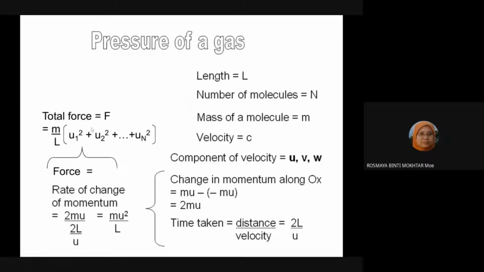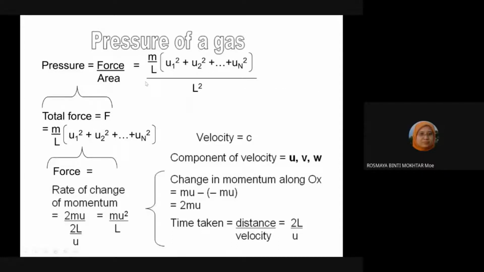Next, we relate with pressure. Pressure is force per area, so we substitute the total force here. The area is one surface of the cube, which is a square, so L times L is L squared.